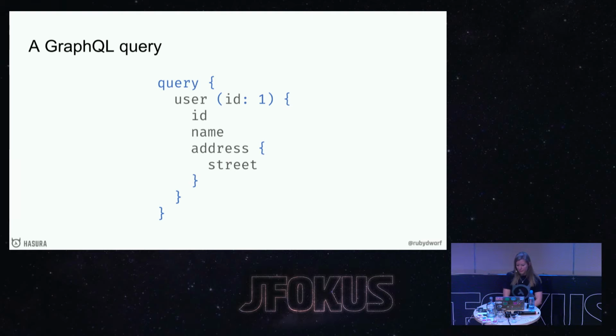Now let's look at the typical GraphQL query. So the blue thing, which is basically the query, is a keyword that is GraphQL specific. Query means we get something from the database. All the gray things are defined by my schema. So this query shows me that I have a table called user.